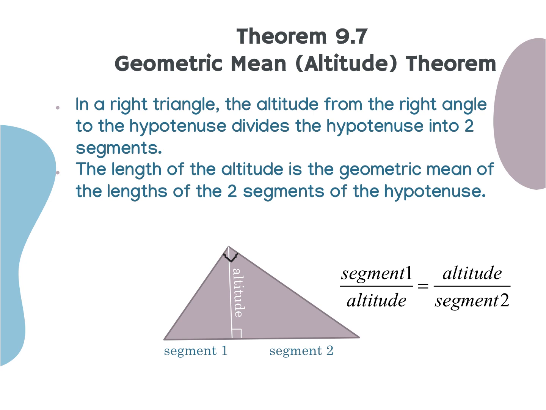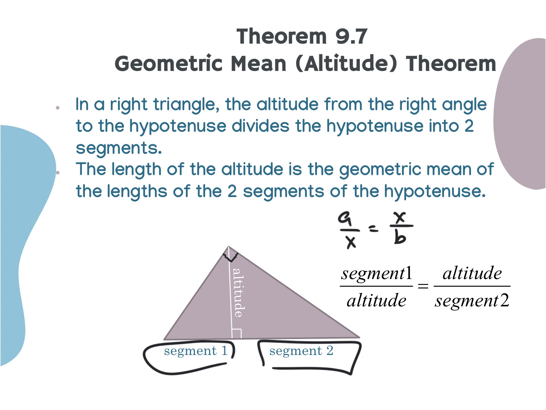This is the same thing as you had before, the a over x equals x over b. But instead of having a and b, we have segment 1 and segment 2. And then the altitude is the x, which is the thing they both share. But it's still the same formula, just they changed the names of the letters into segment and altitude.